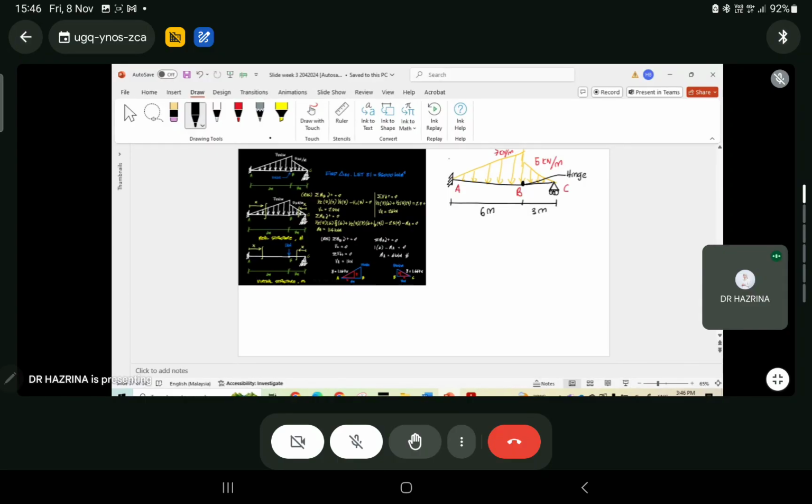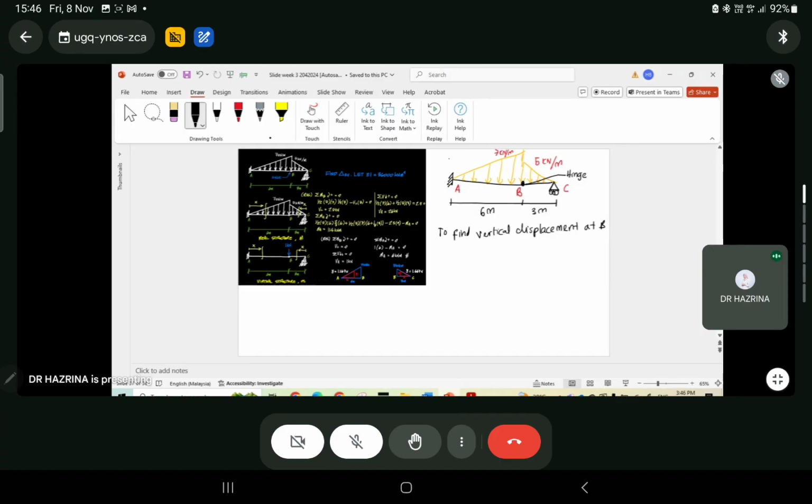First, you know that the question asks for the vertical displacement at B. To find the vertical displacement at B.